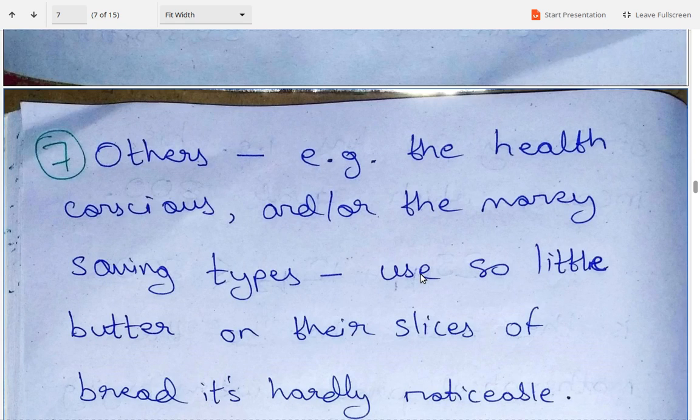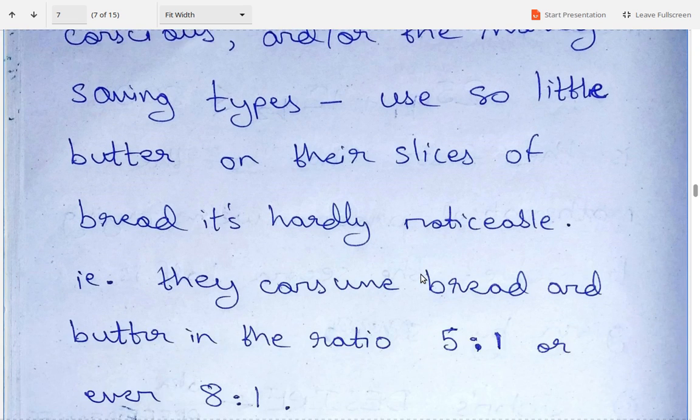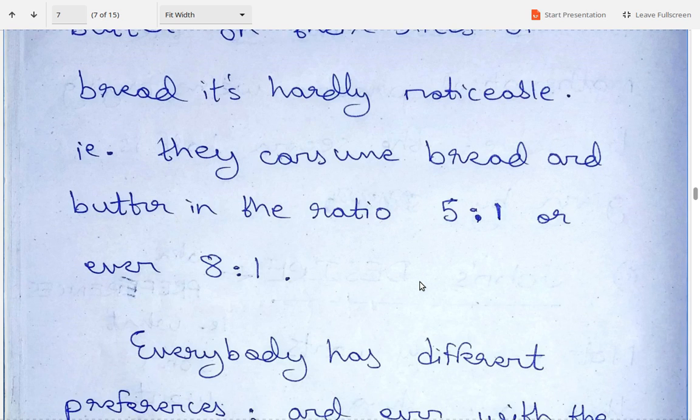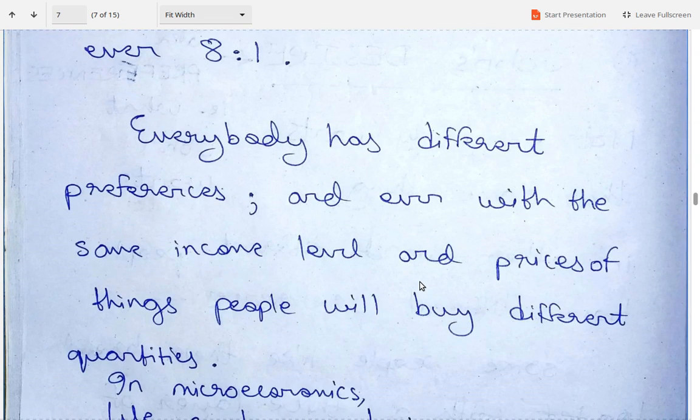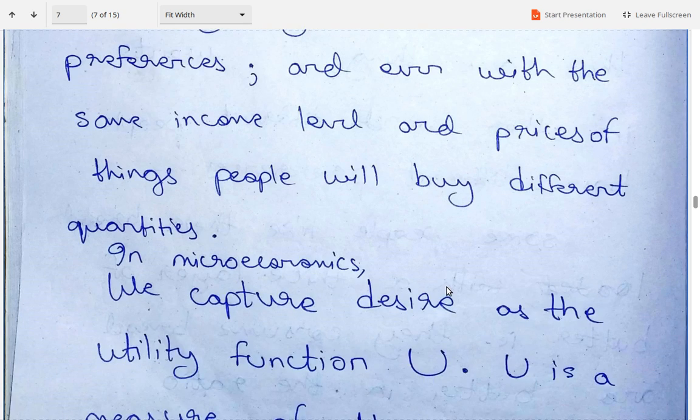Others, for example the health conscious or the money saving types, use so little butter on their slices of bread it's hardly noticeable. That is, they consume bread and butter in the ratio 5:1 or even maybe 8:1. Everybody has different preferences, and even with the same income level and prices of things, people will buy different quantities.